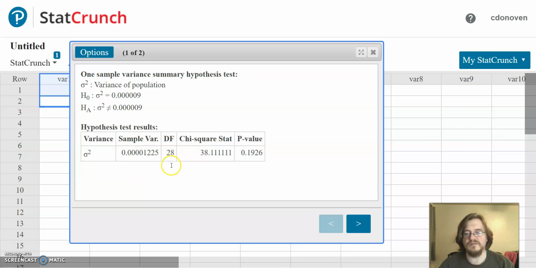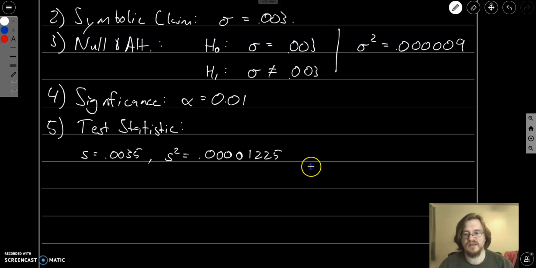Our degrees of freedom, one fewer than the number of elements in our sample. And our chi-squared statistic, so this is our test statistic, is 38.1 repeating.